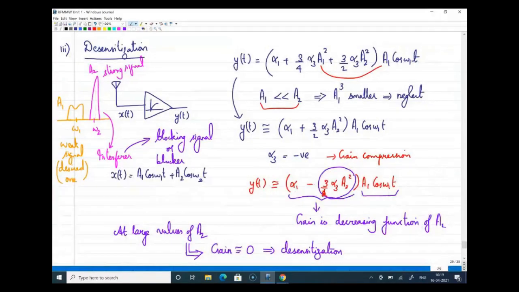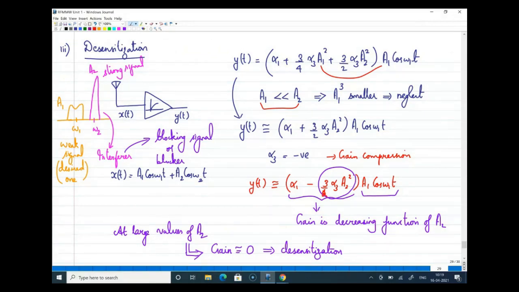From yesterday's class, I hope this is clear for you guys that desensitization is actually when you consider a strong interferer received at the receiver along with a desired signal, and because of the amplitude of the interferer, your system or your circuit can be insensitive to your desired signal.